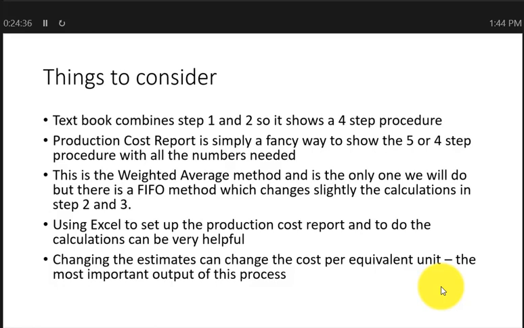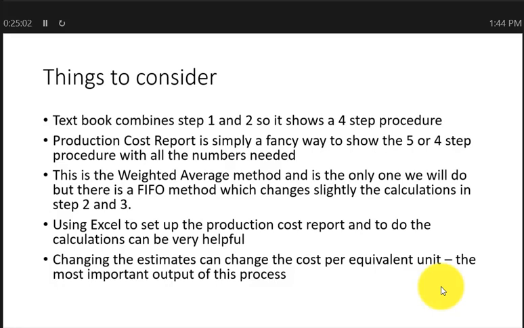When the textbook, or the homework, refers to a production cost report, that is just a fancy way to show this 5-step process, or 4-step process if you choose, with all the numbers needed. It's not anything different. It's simply the 5-step procedure.